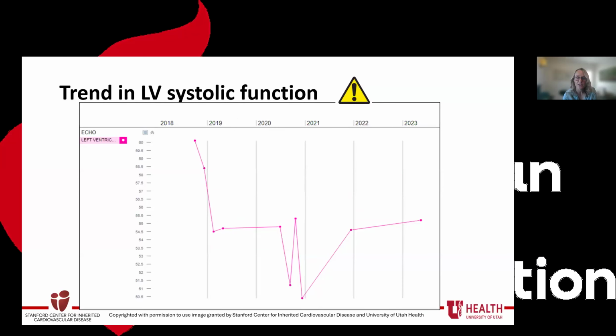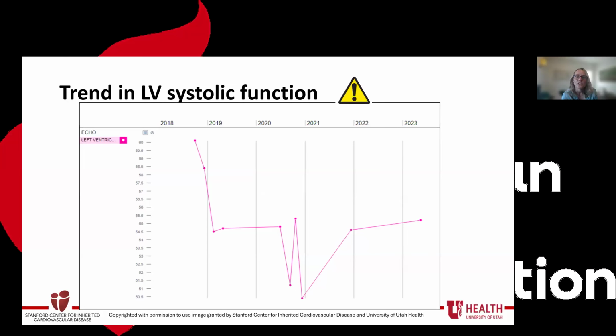Looking at the trend in her systolic function is really important. As a hypertroph, as Holly pointed out early, you have all different types, shapes, presentations of the heart. She again is non-obstructive, but she just has something very significant here, which is her left ventricular systolic function back in 2018 sat upwards of about 60.